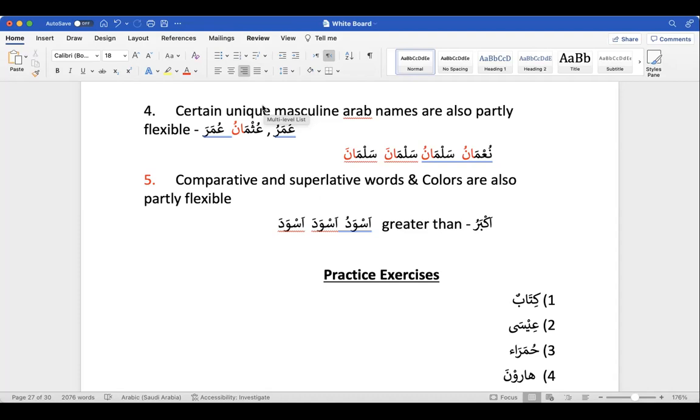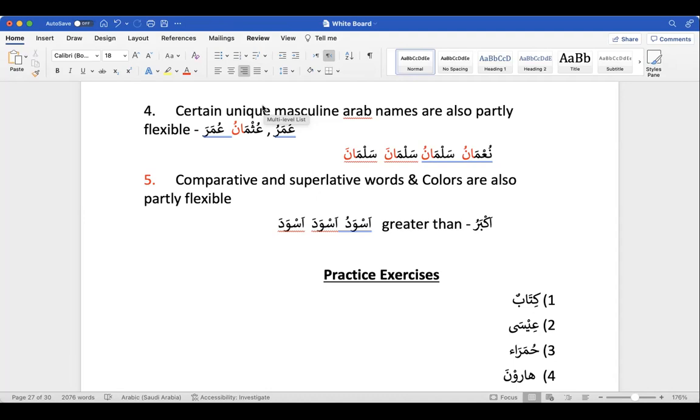Harun is a non-Arab name. So what we discussed is that all non-Arab names are partly flexible. But how do we know that it is a non-Arab name? We will focus on the Quran, because we don't need to go into Arabic literature. Our focus in learning Arabic is to understand the Quran, right?